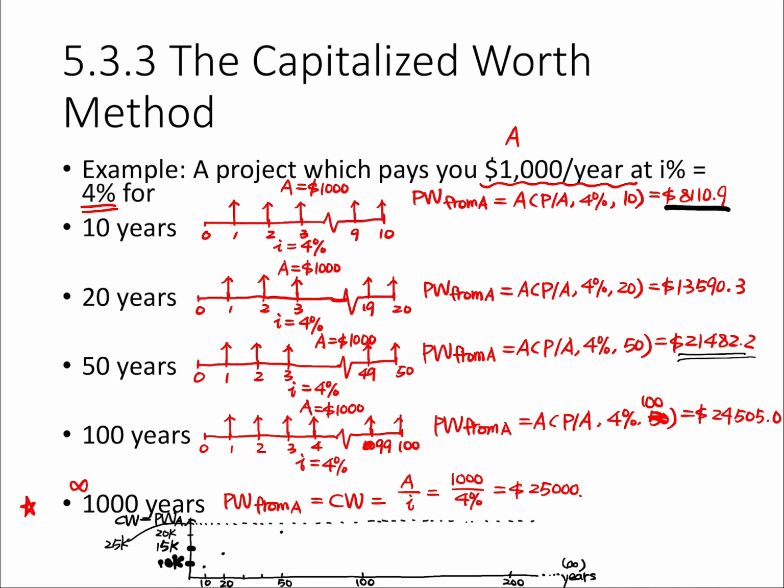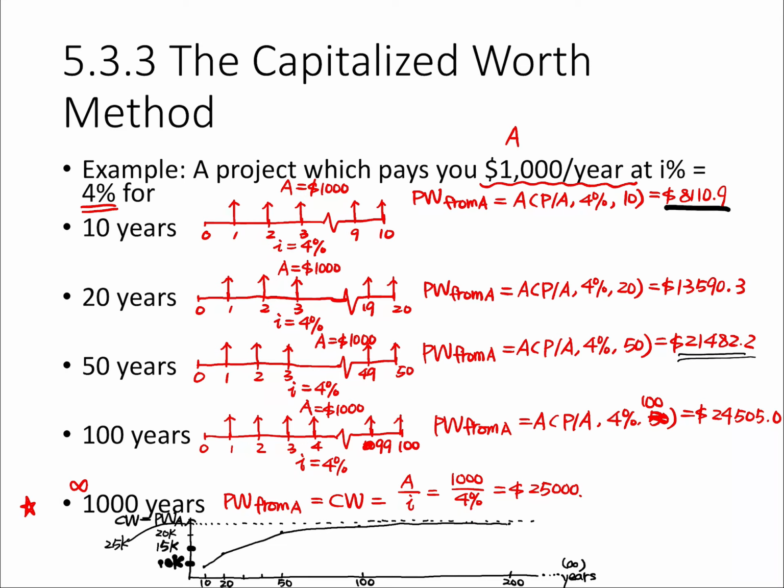Now let's draw the line of 25 on this so that we can see it clearly. 24,000 something should be very close to that line. And if you calculate when it's 200, I can tell you it's going to be even closer to this line of 25K.